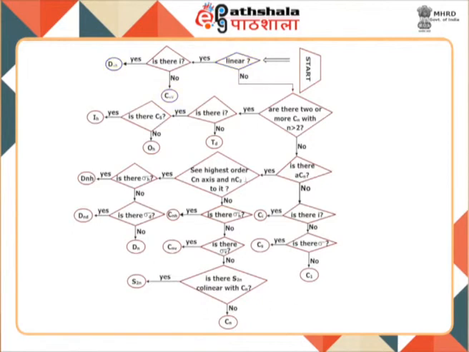Now, high symmetry is possessed by Ih, Oh, and tetrahedral. Low symmetry is Ci and C1, whereas rotation with a perpendicular C2 is possessed by Dnh, Dnd, and Dn.